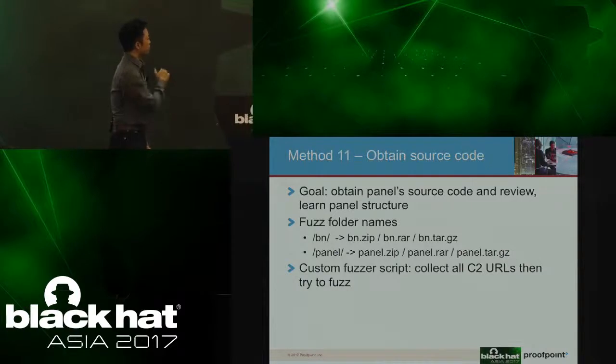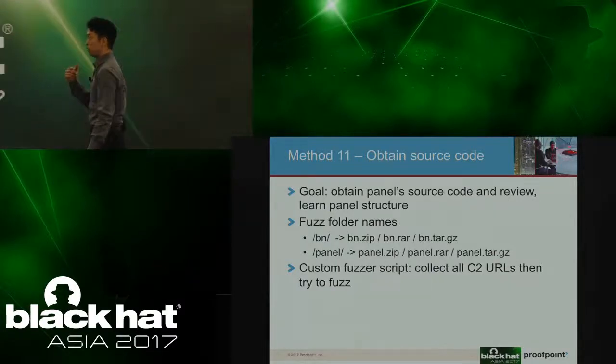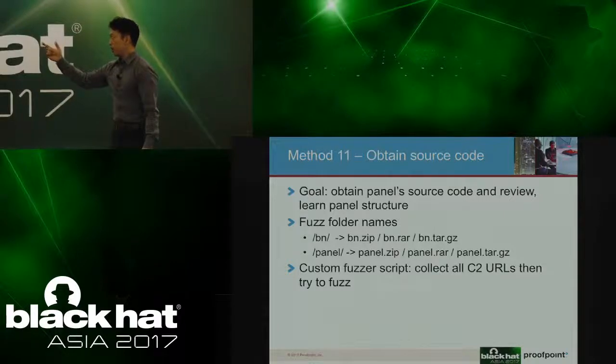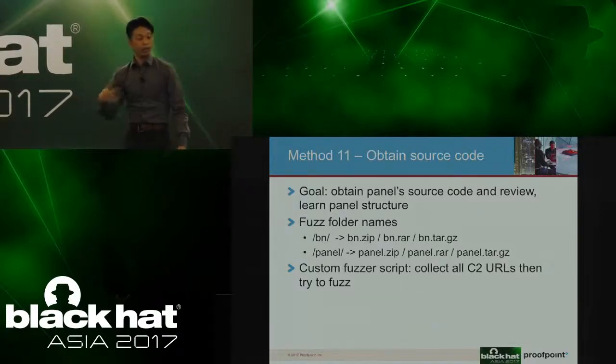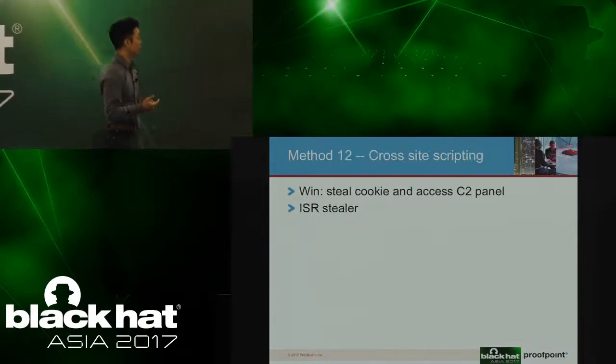And also, what we do is we have some fuzzer scripts that we wrote that try to fuzz folder names or URLs, just trying to download stuff. And when you're able to download stuff, a lot of times you will hit upon source code.